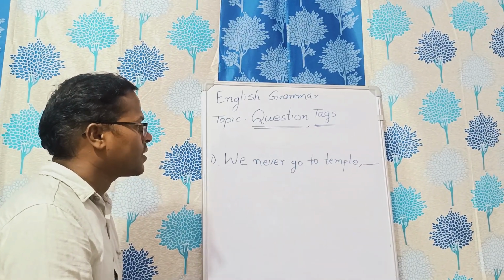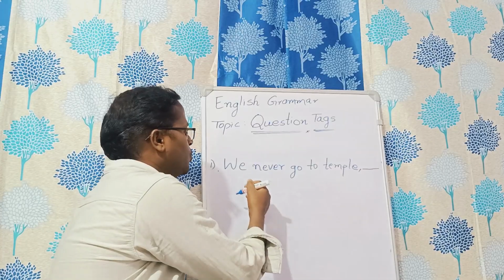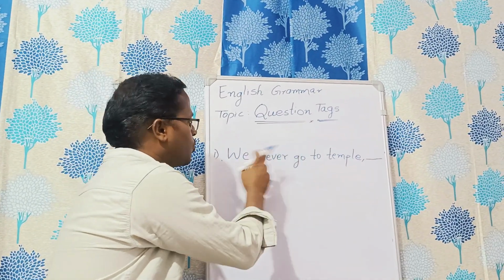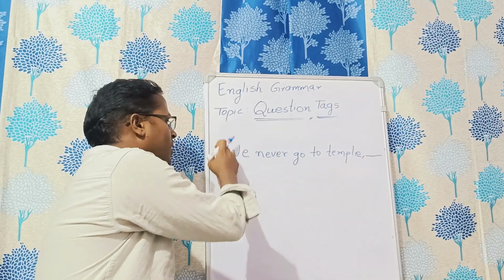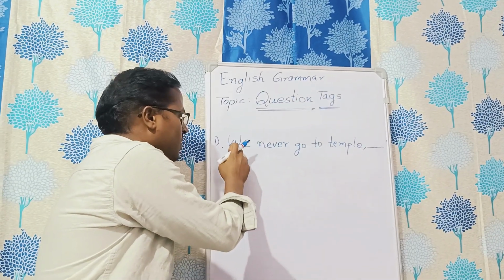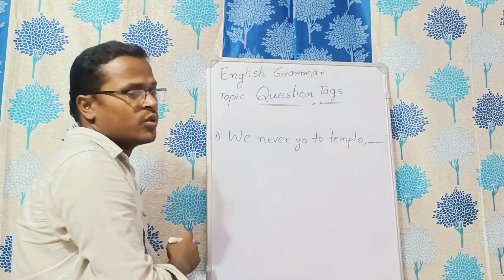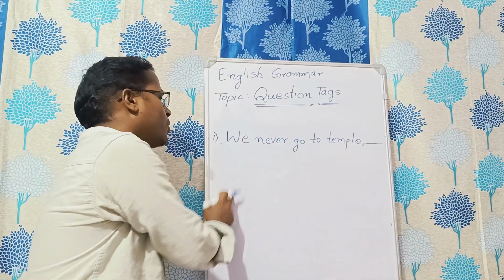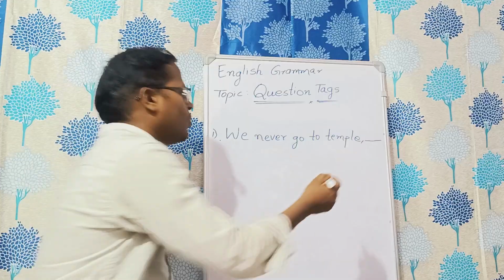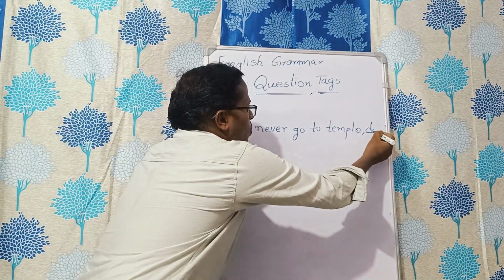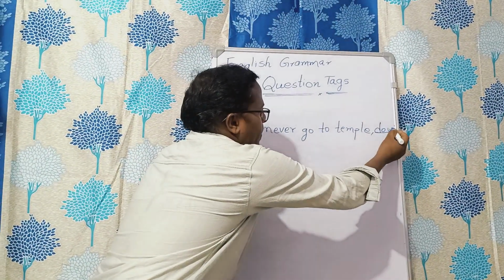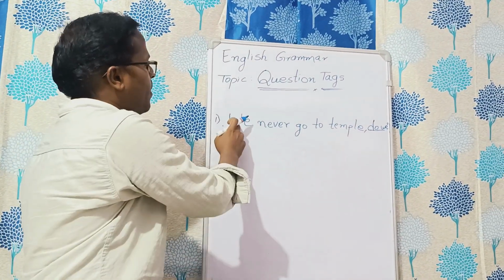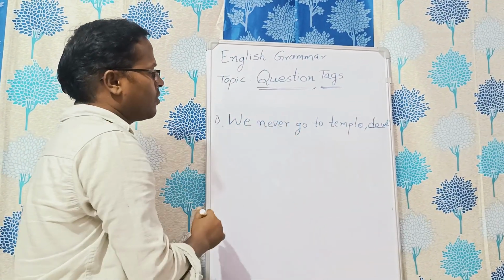In simple present tense we have to choose do if it is plural, and if the subject is third person singular, we have to use does. So "do we" is the question tag. The same subject pronoun we have to use.